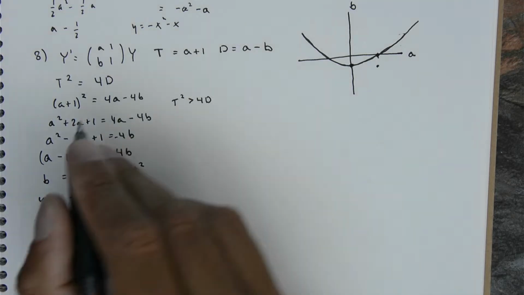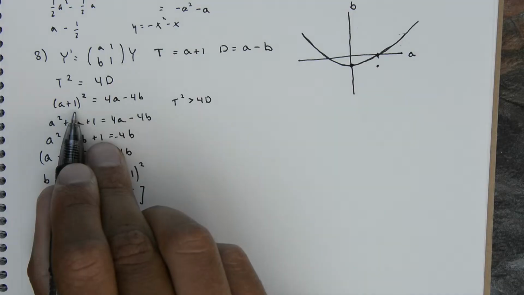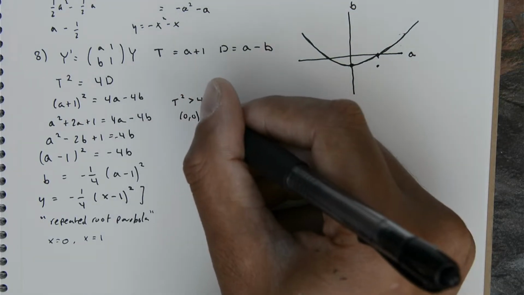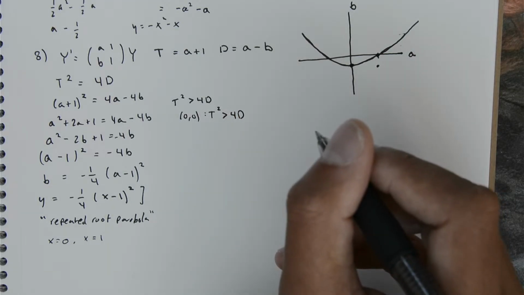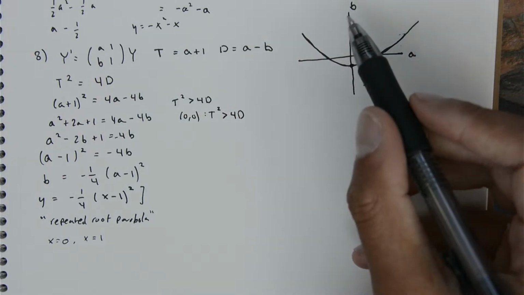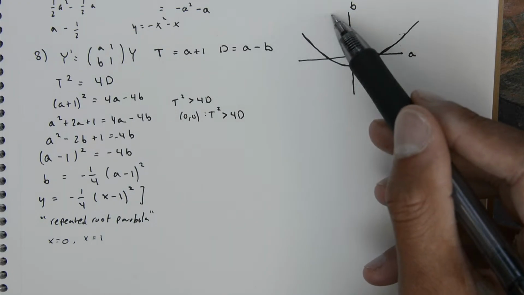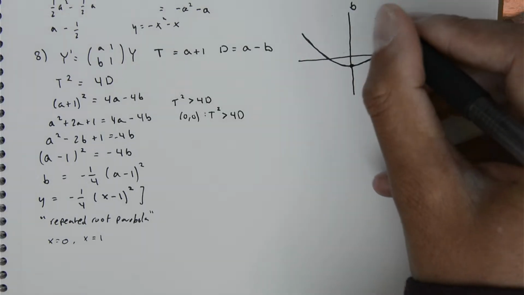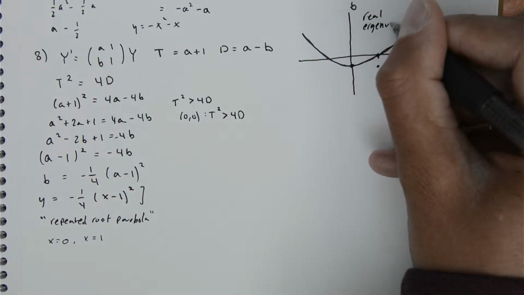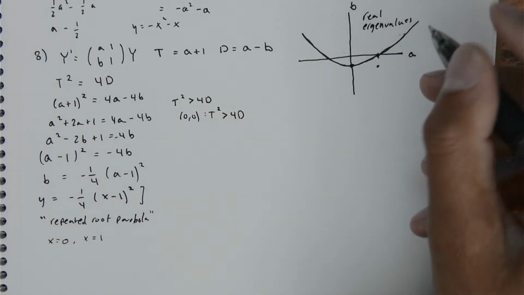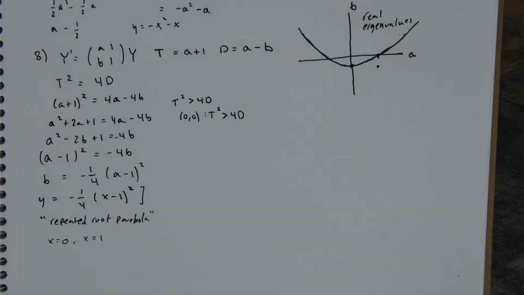So if a is 0, b is 0, then at 0, 0, t squared is greater than 4d. So what I think that means is that all up here, this whole area is going to have real eigenvalues above this curve. I hope I'm right, but I feel like that makes sense.